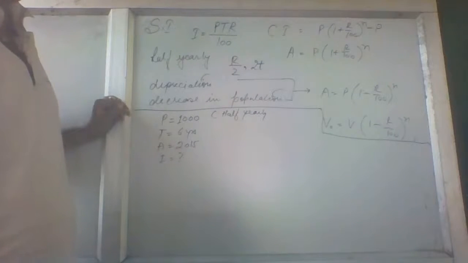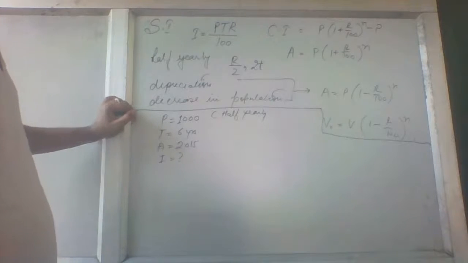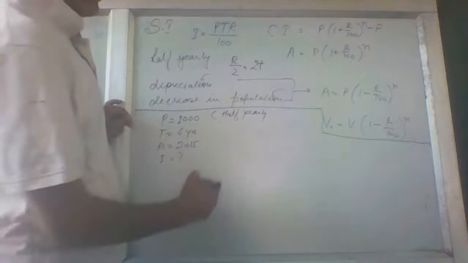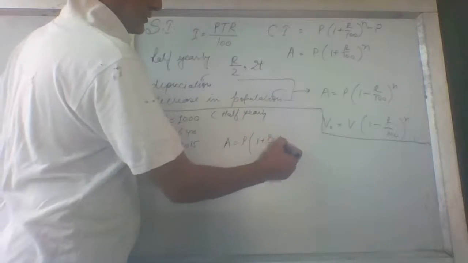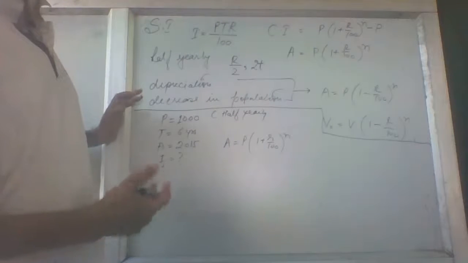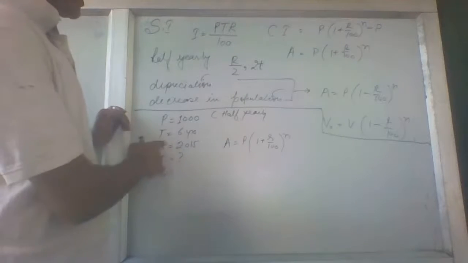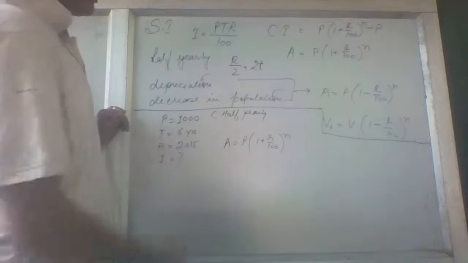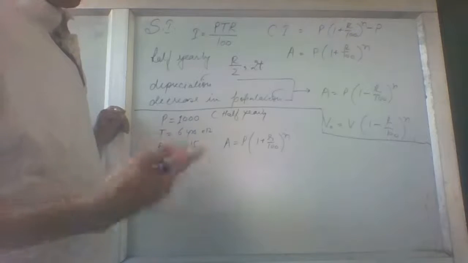If this is compounded half yearly, it means whatever you are getting can be divided into many folds. So in this type of question, you will use the same formula: amount is equal to principal 1 plus r upon 100 to the power n. In every case, you have to write down the formula. How much is that person getting? 6 years time means time will be doubled because this is compounded half yearly, so it will be 12 years, 12 folds.